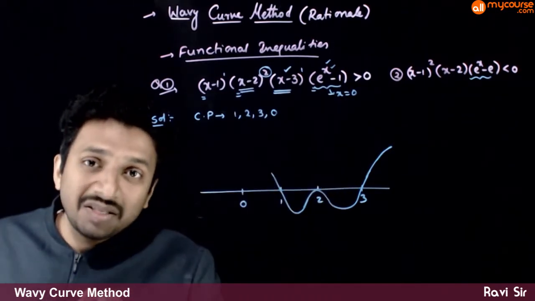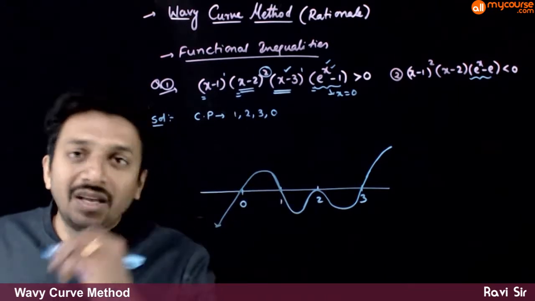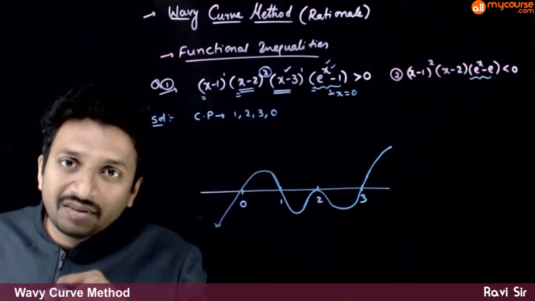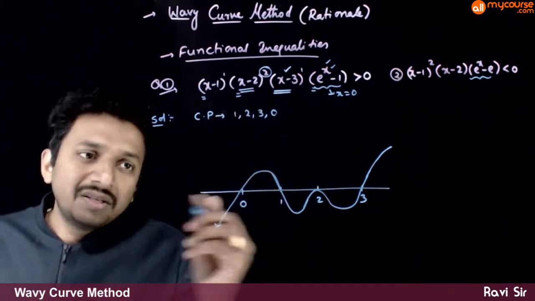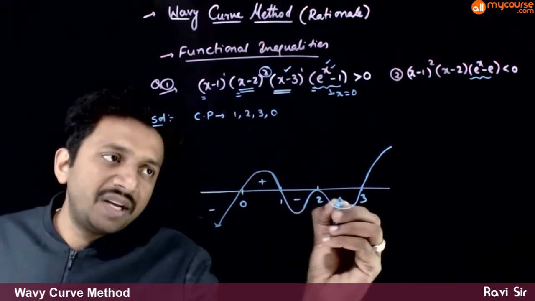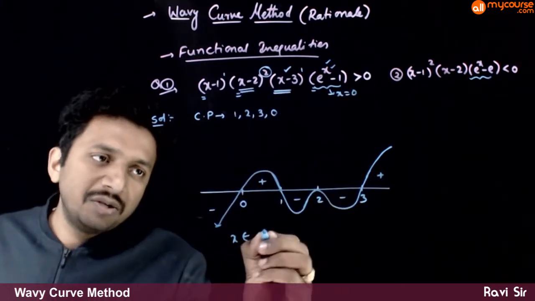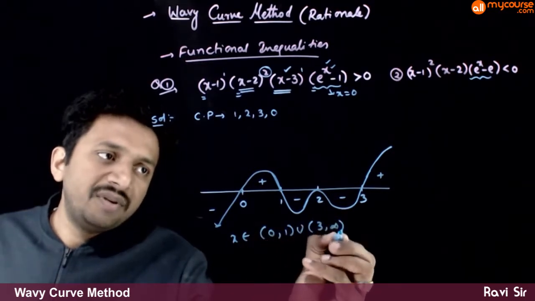That means the sign is changing. Hence, the sign changes around x is equal to 0. So this is the wavy curve. You can as well use this with functional expressions also. So you have negative, positive, negative, negative, positive. I want it to be positive. So x belongs to (0, 1) union (3, infinity) is the answer.